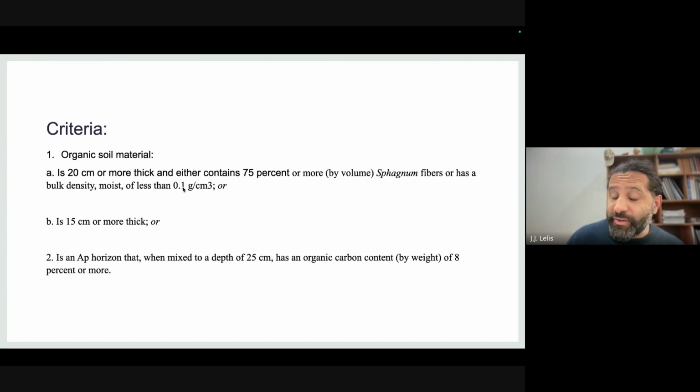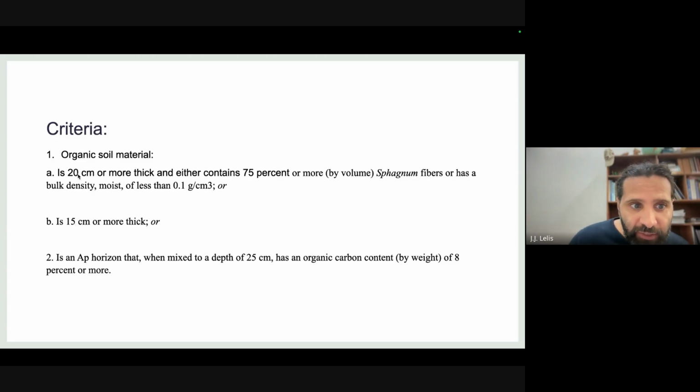Or if I register a very low bulk density, I register at least 20 centimeters. If the content of fibers is not so high, or if the bulk density is not so low, I need to register at least 15 centimeters.